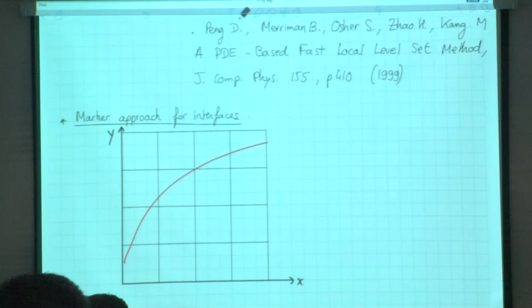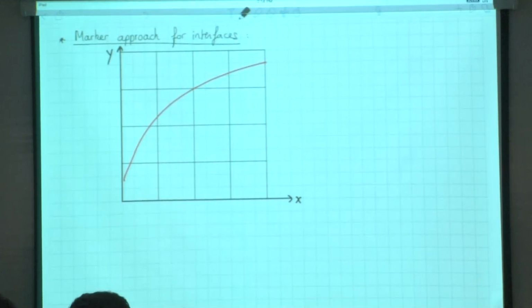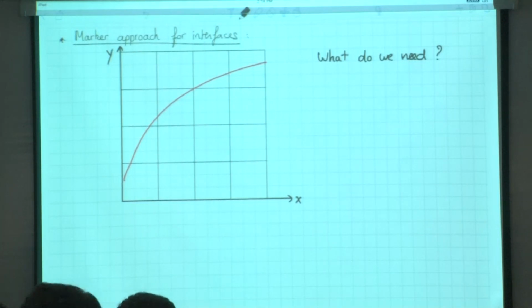Okay. So one question you might be interested in, the first question you need to consider, is what do we need to know about this interface? Ultimately, we need to know information about a number of things. We need to know about what fluid is on each side of that interface.